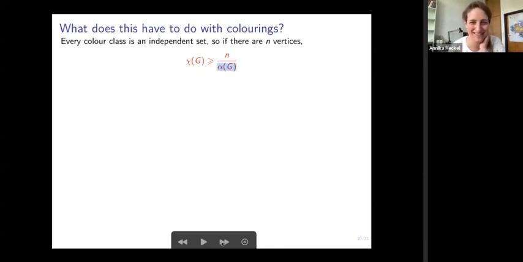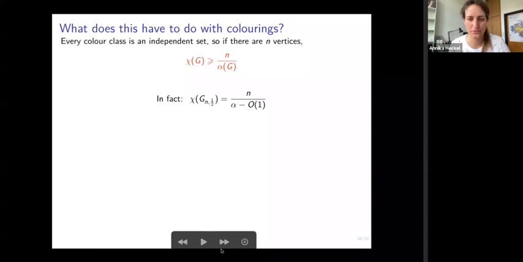Okay, so that's easy. And that automatically implies a lower bound for the chromatic number of G(n,1/2). And in fact, this lower bound is very close to the truth. In G(n,1/2), we can show that the chromatic number is given by n over (independence number minus some constant), and the constant is something like 3 or 4.